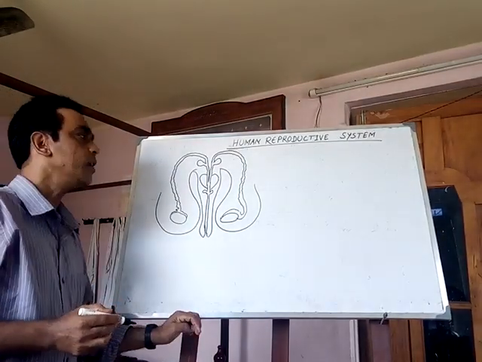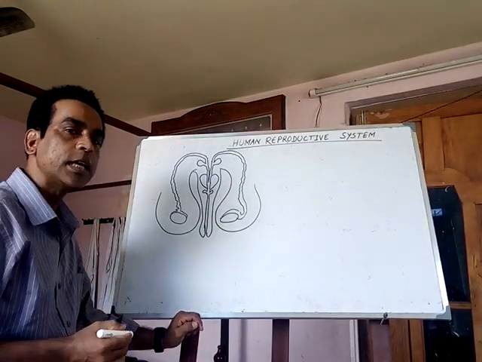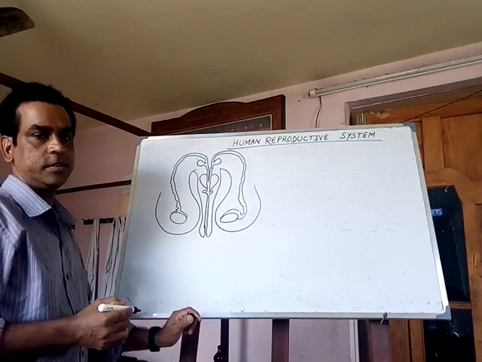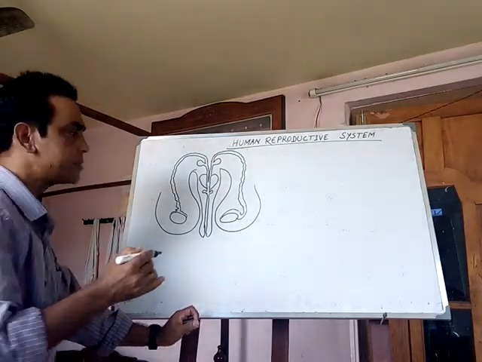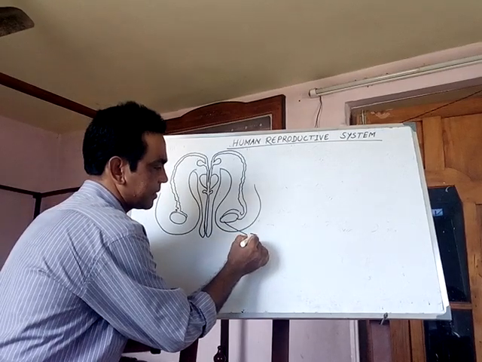That is the total reproductive system of the male body. First is the testis.